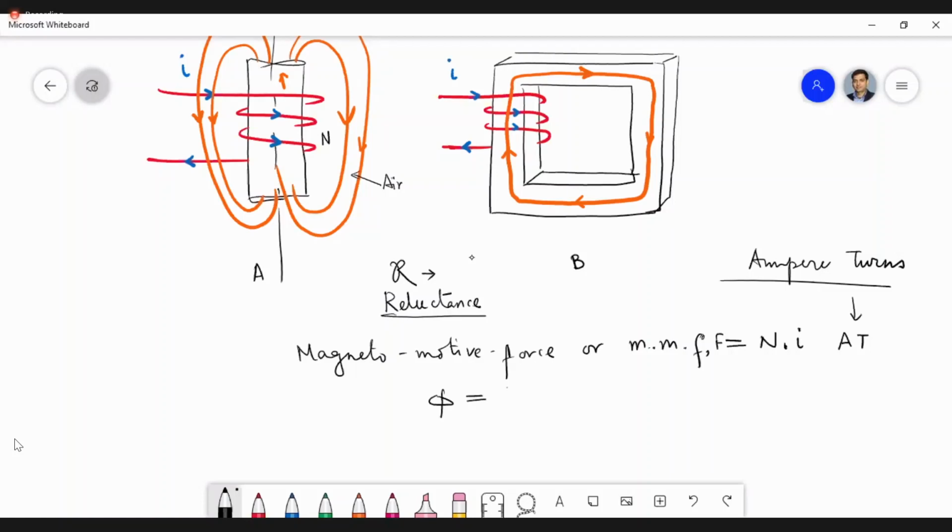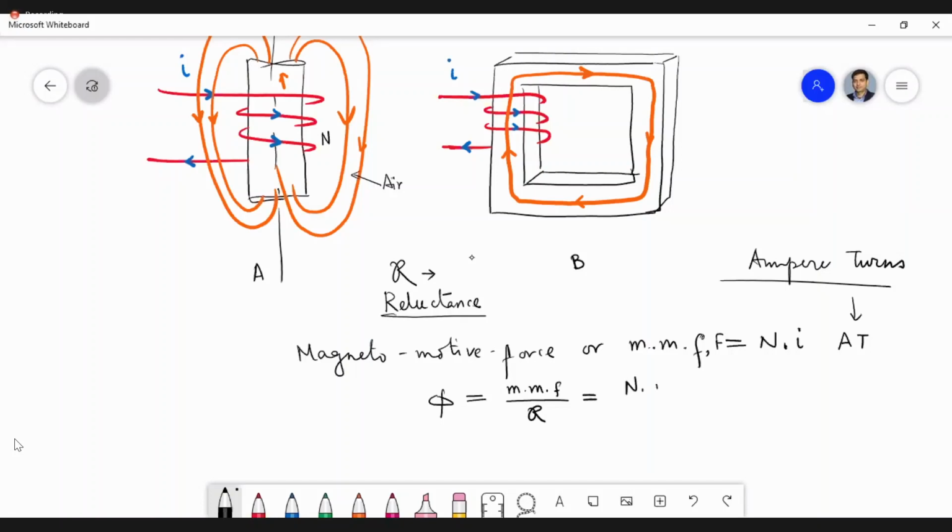So this flux is MMF divided by reluctance, just like the current in an electrical circuit is EMF by resistance. Here it is MMF by reluctance.